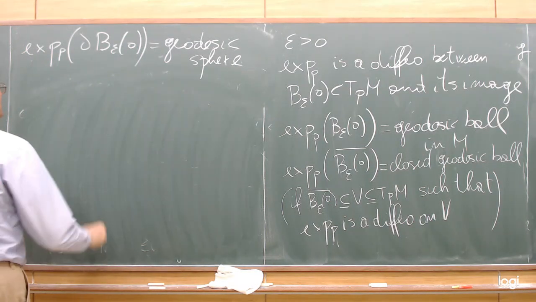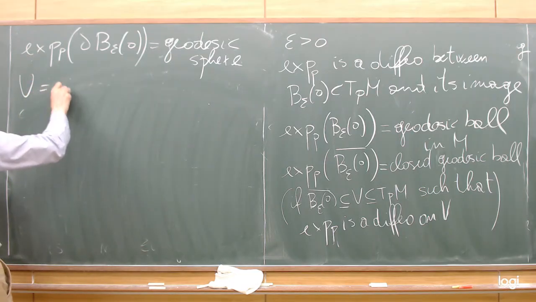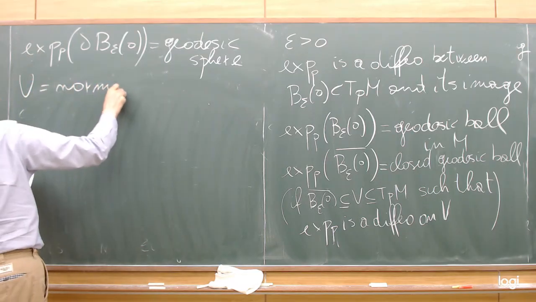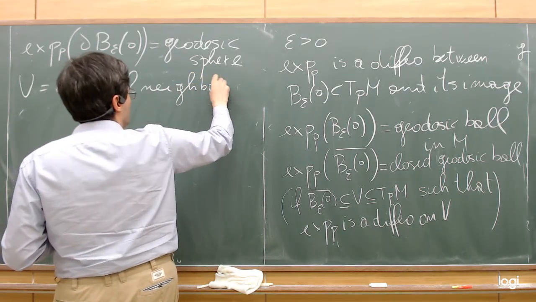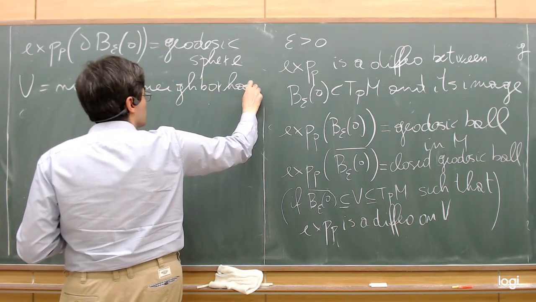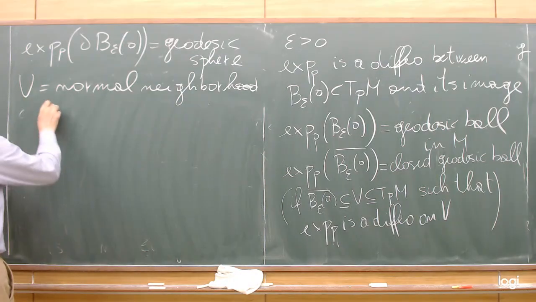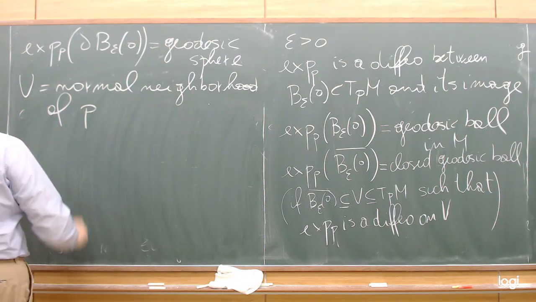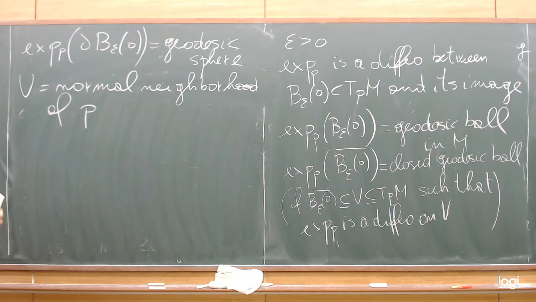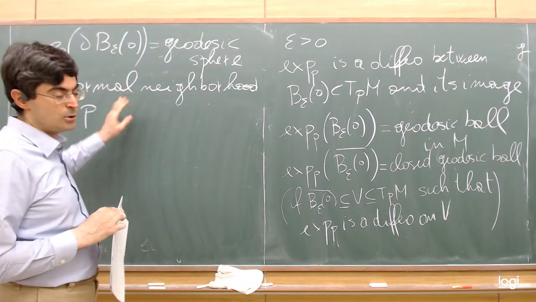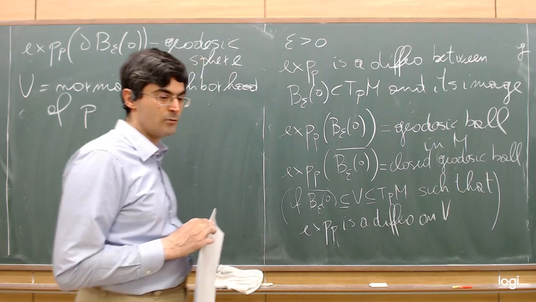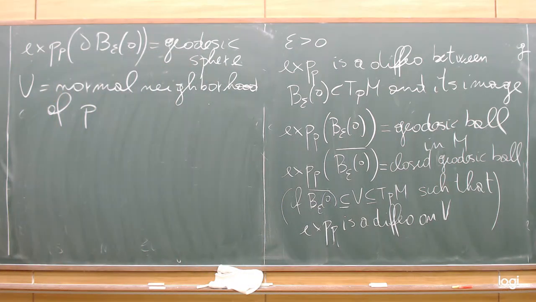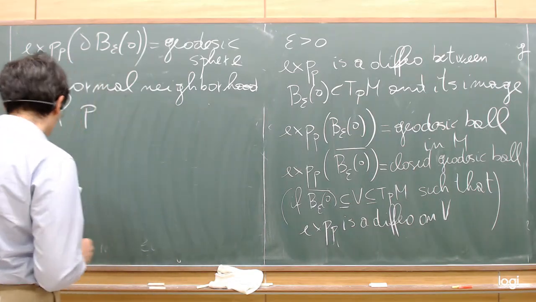Then suppose that U is a normal neighborhood of a point P. Remember that a normal neighborhood is the image by the exponential map of a star-shaped open set of TPM.